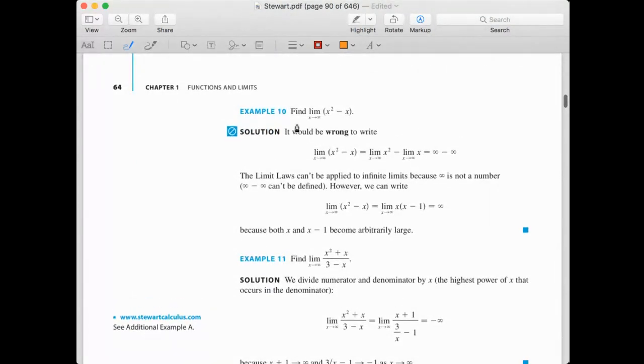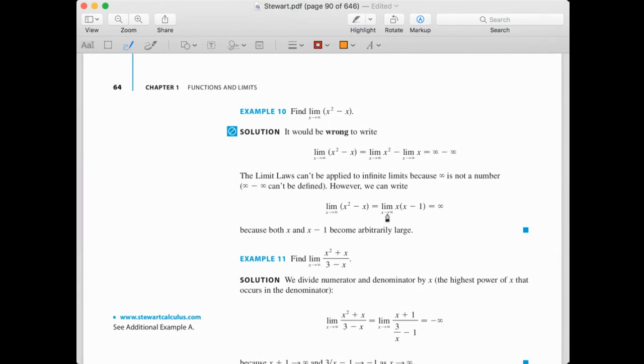Let's see this one. The function is x squared minus x when x approaches infinity. So split into two parts, then we get infinity minus infinity. Nobody knows about infinity minus infinity. So the limit law cannot be applied to infinite limits because infinity is not a number, but a concept. So what do we do? We can write it like this.